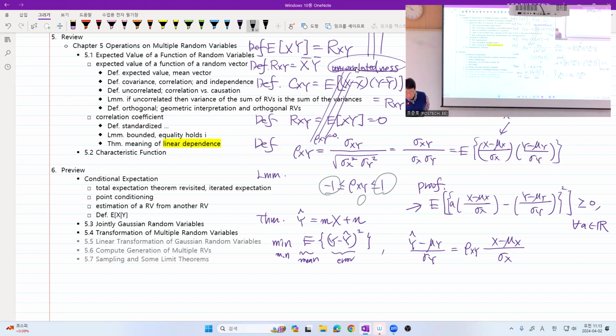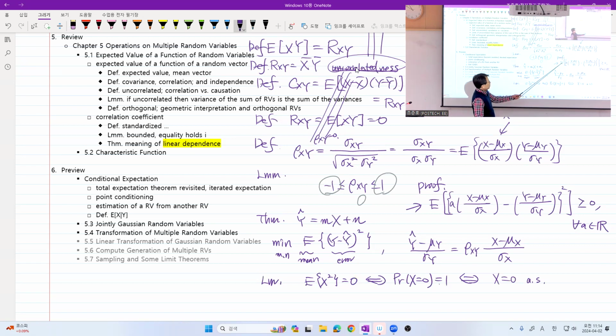So here is a lemma you have to remember. The second moment of a random variable, E[X^2], equals 0 if and only if X is 0 with probability 1. So this means X equals 0 with probability 1, or you sometimes say X equals 0 almost surely.